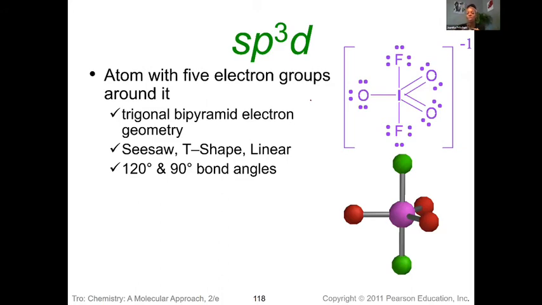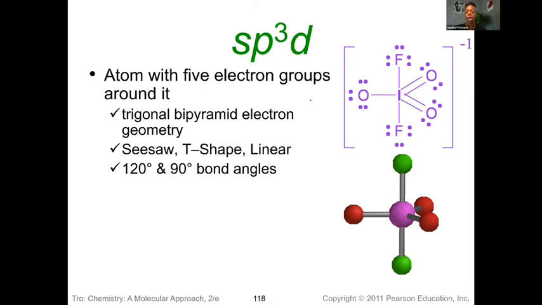This is why when we talk about being in period 3 or lower, a molecule can have more than 10 electrons in that central atom. Well, it's because you have access to these available or empty d orbitals. So the hybrid name for something with 5 electron groups would be sp3d.